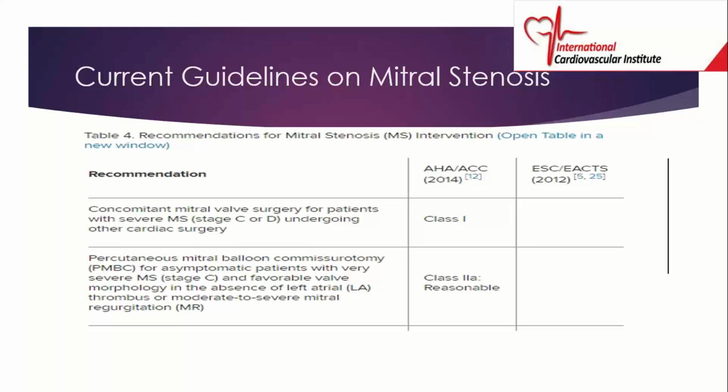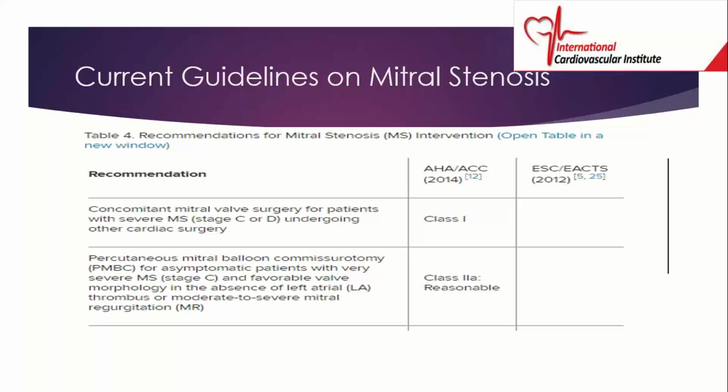So, you know, the updated guidelines just look at the numbers, and so once the valve area is less than or equal to 1.5 centimeters squared, that classifies the patient as severe. And of course, the corresponding gradient is anything greater than 5, okay?